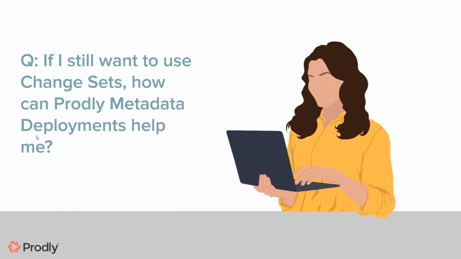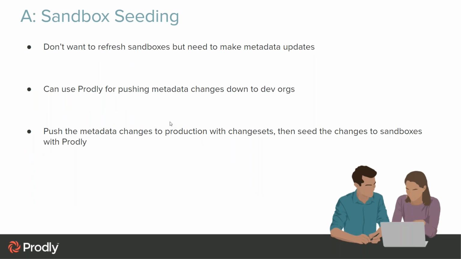And let's say I still wanted to use change sets. We have a lot of customers who have change sets pretty ingrained into their release process, deploying declarative data. Is there anything that metadata deployments can still do to help you? Yes. So if you don't want to refresh sandboxes, but you need to make those metadata updates, you can do that.